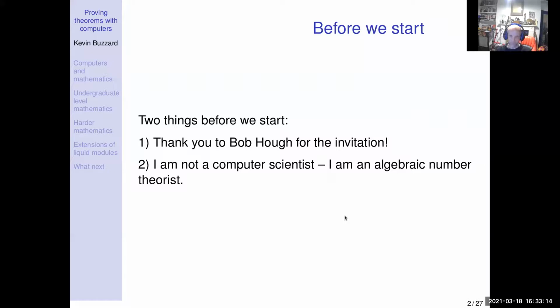So, 4 years ago, I kind of went down some rabbit hole. I don't really have much of a computing background either, but I went down some rabbit hole involving computers and theorem provers, and it somehow completely changed my entire academic viewpoint and the things I do from 9 to 5. But I'm not a computer scientist.